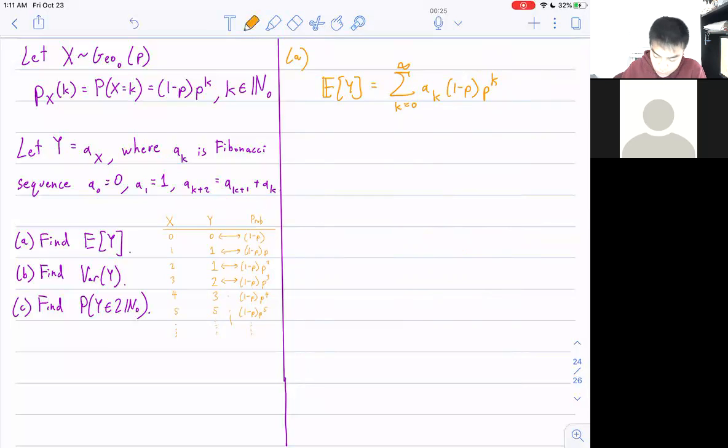In fact, if you do look up the exact form for the Fibonacci sequence, you get something along the lines of a of k equaling the golden ratio, phi, to the kth power, minus the negative of the golden ratio, 1 over the golden ratio, I guess, to the kth power, divided by square root of 5.